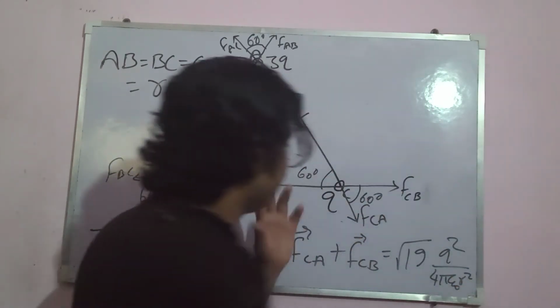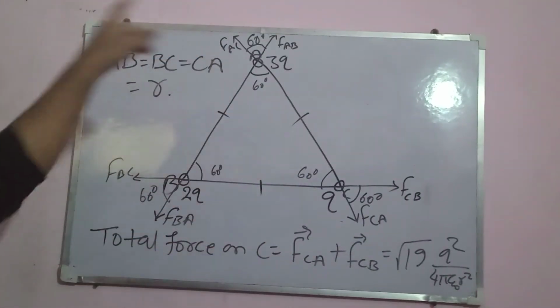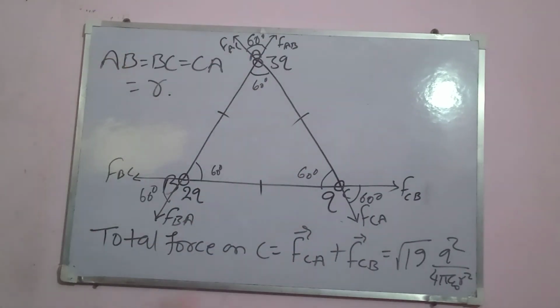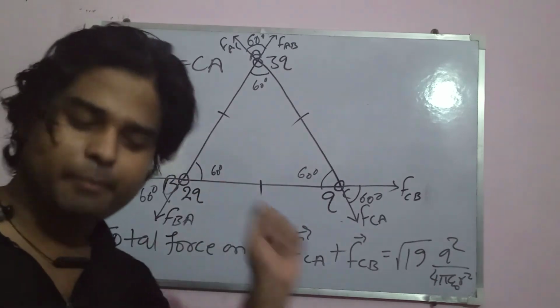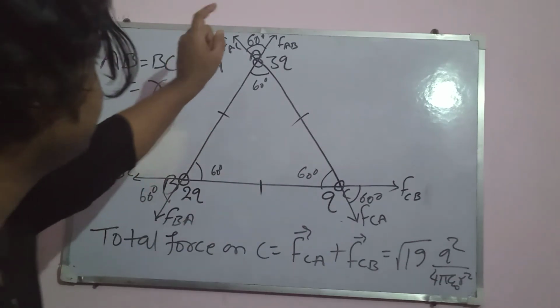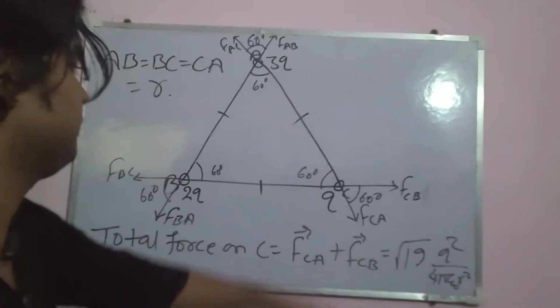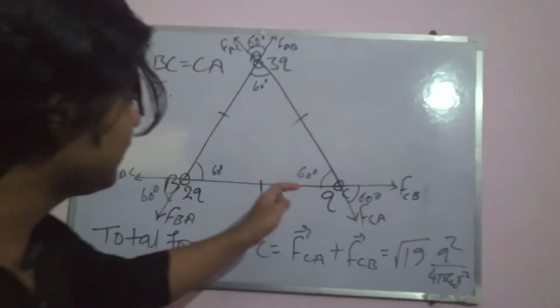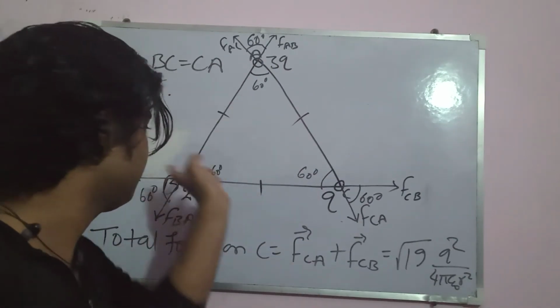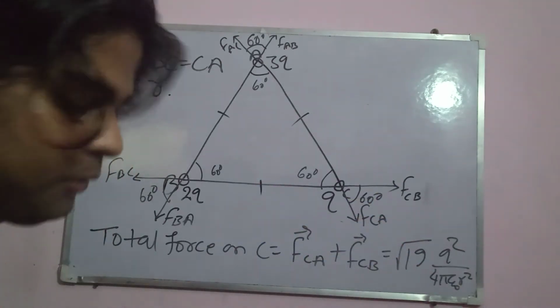Now you have all the forces calculated here. So we can identify which will be the max force. The max force is on A by these two charges, and the minimum force is at C by these two charges. And I'll have to find that ratio. So my answer will be something like this.